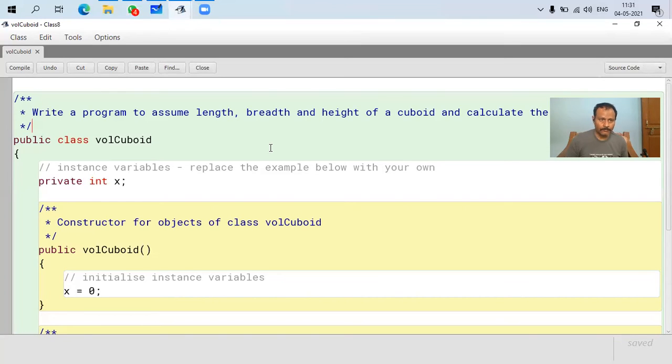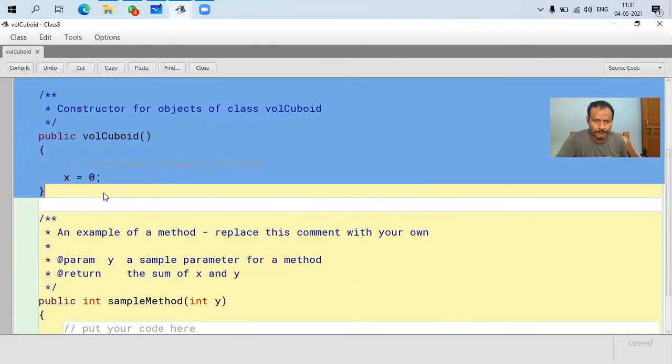Okay. Now from here we need to remove all them.